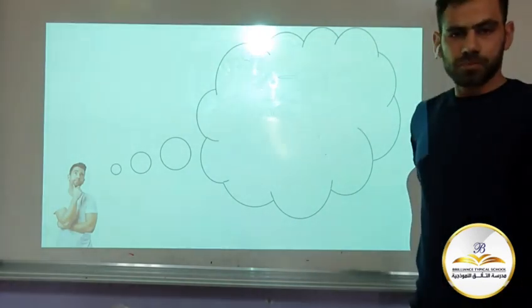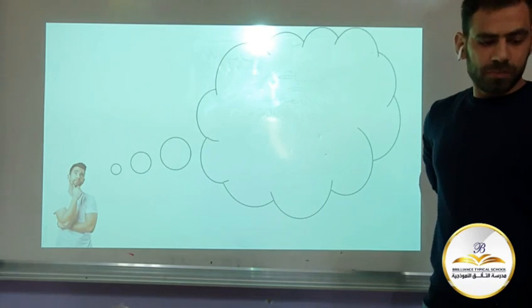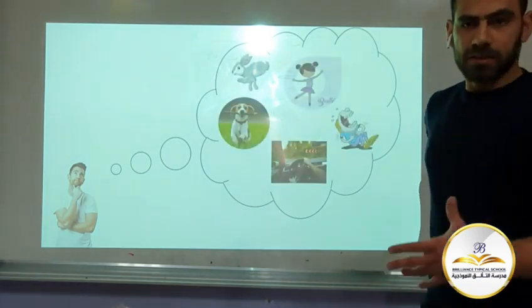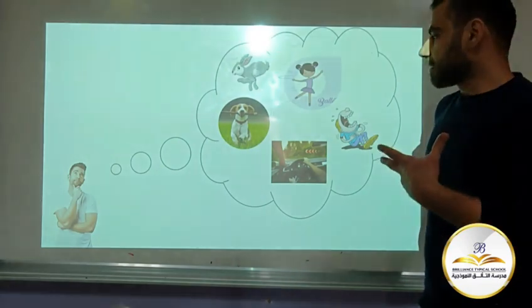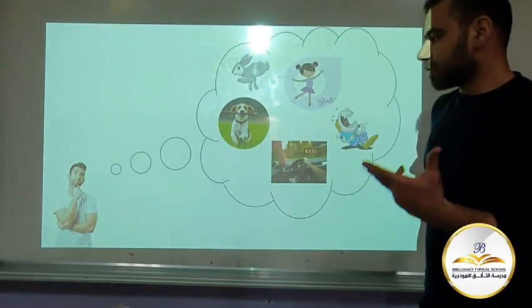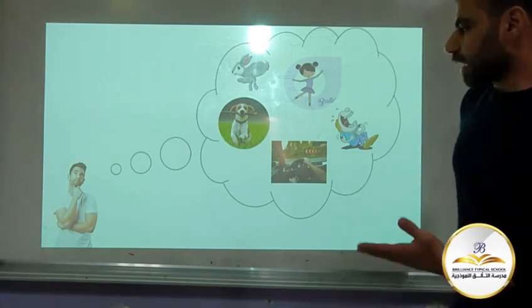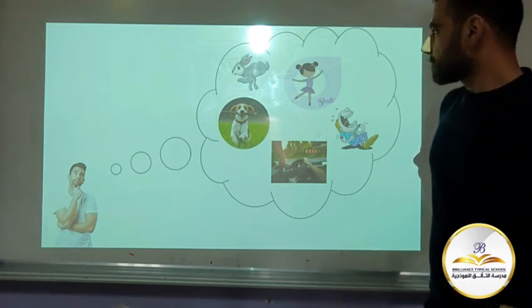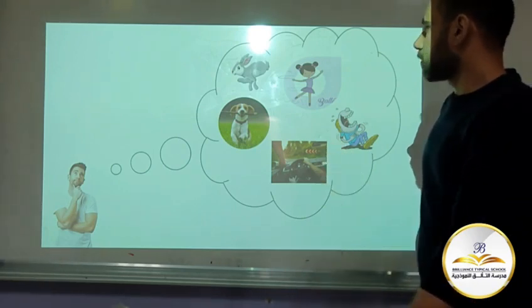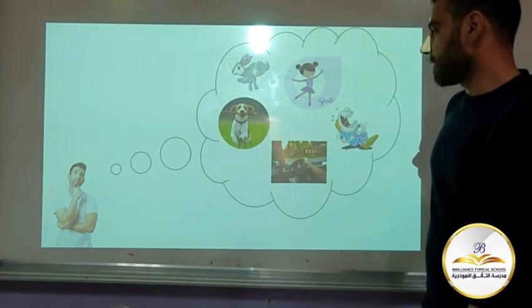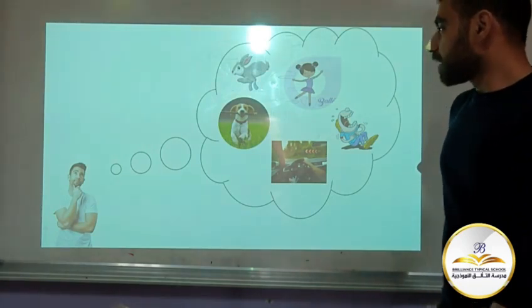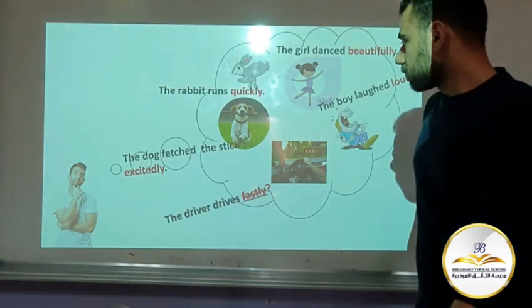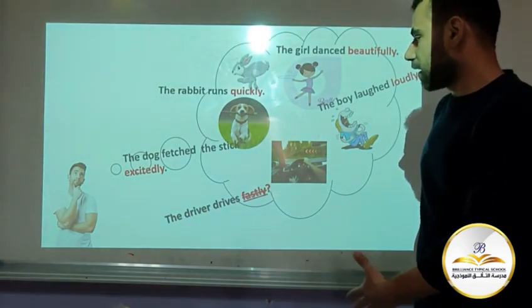Sometimes in English, you want to express something more, you have more ideas in your head, something more than what your tongue can say. So take a look at this guy. He has a lot of ideas. If you take a look at this picture, we have here a rabbit, and this rabbit maybe runs quickly.